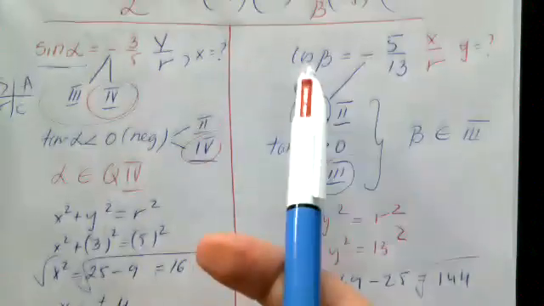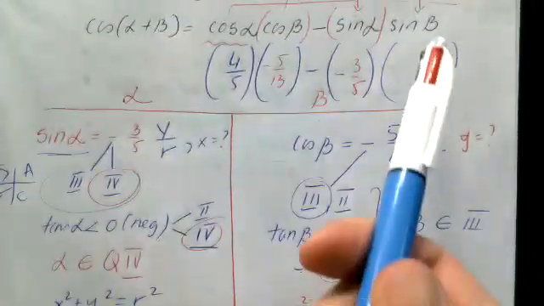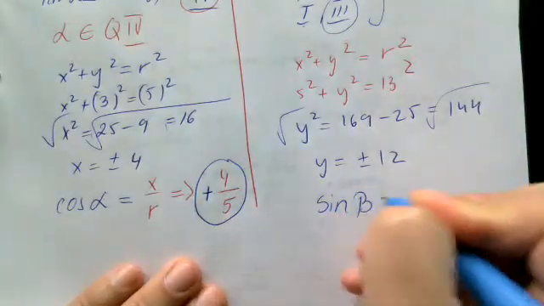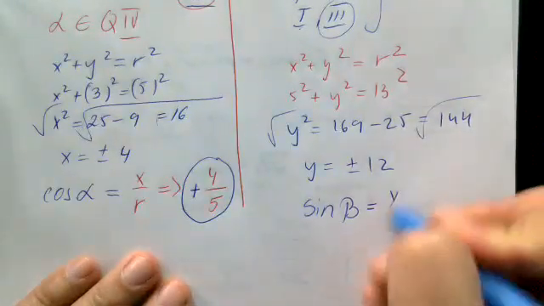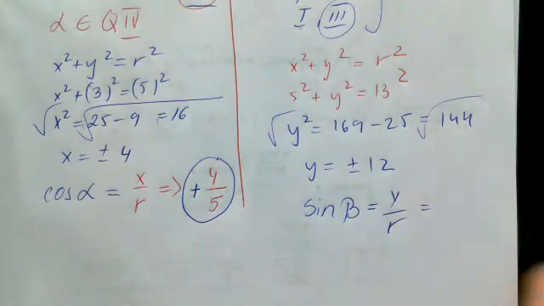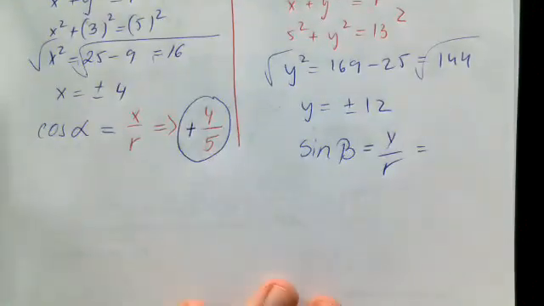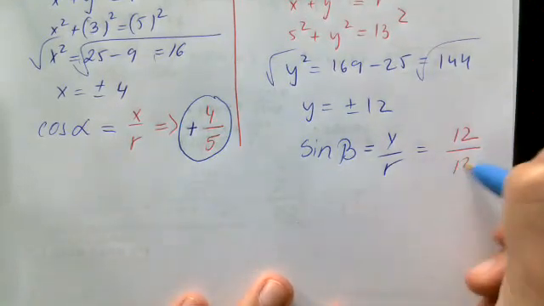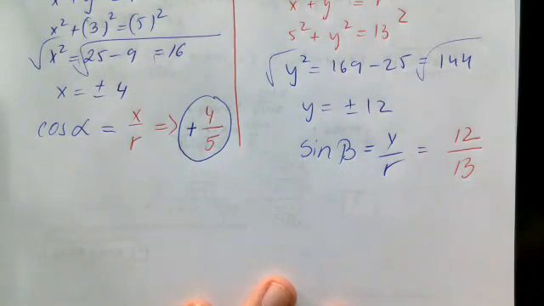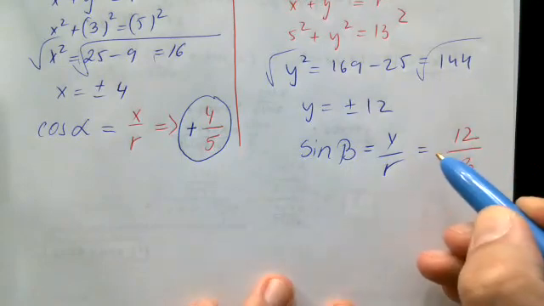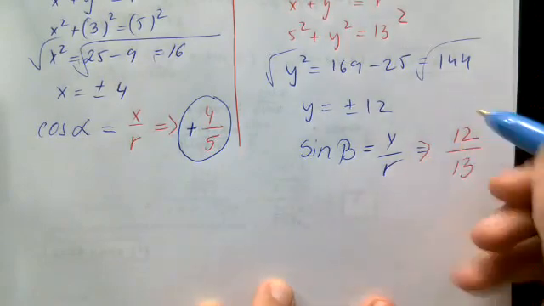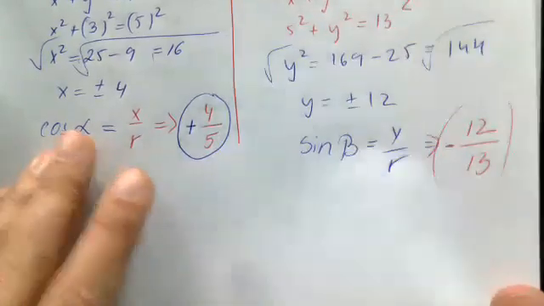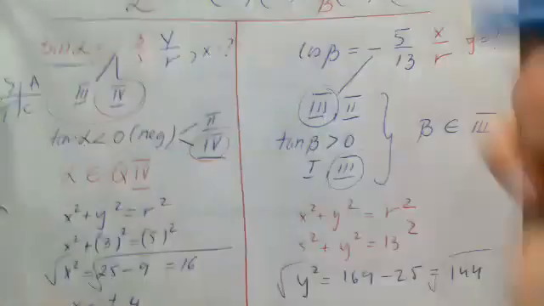So we were given cosine of beta. We're trying to find sine of beta, right? So sine of beta equals Y over R. Y is 12, R is 13. We are in quadrant 3. So positive or negative for sine values? Negative in quadrant 3. So that's what we're going to put into here.